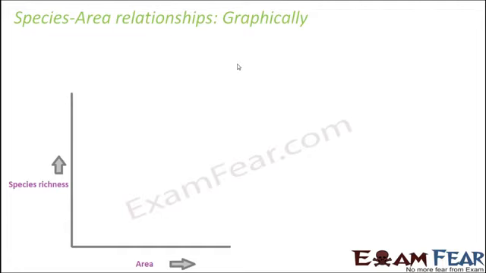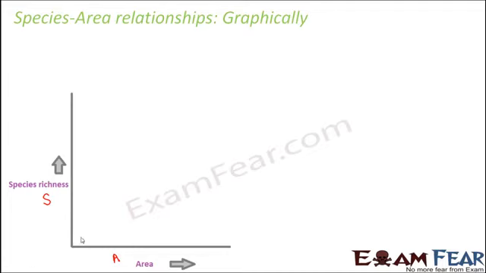Here on the graph we have taken the species richness, denoted by S, on the y-axis, and the area, that is A, on the x-axis. Now what kind of graph do we get? As the value of A increases, the value of S also increases, but this increase happens only up to a certain limit.